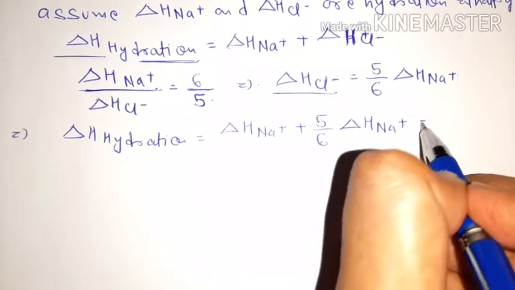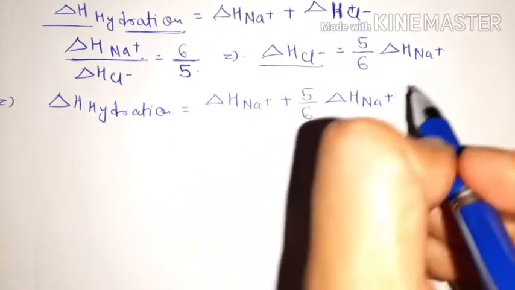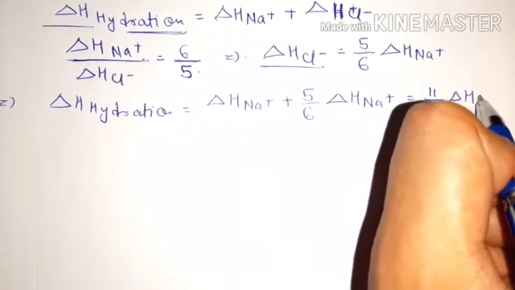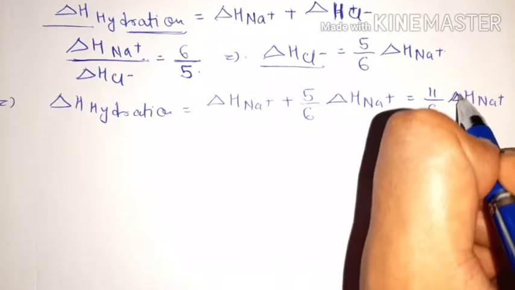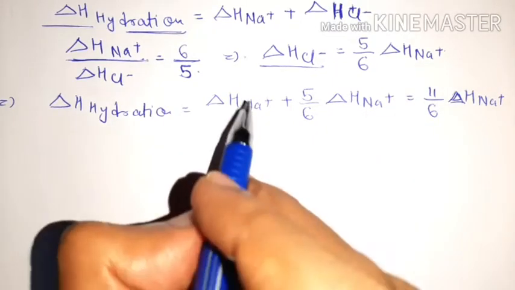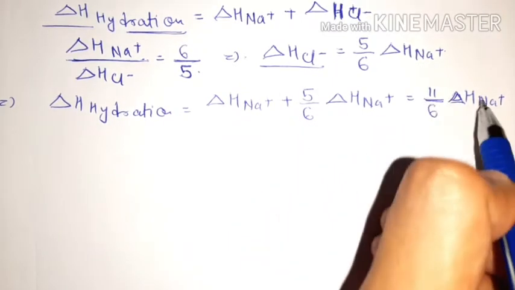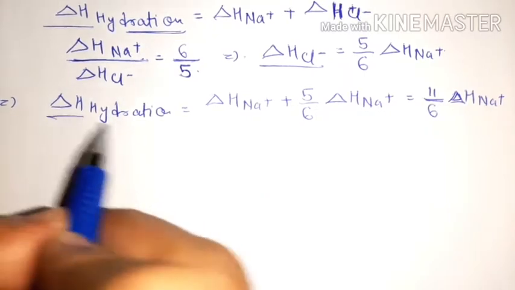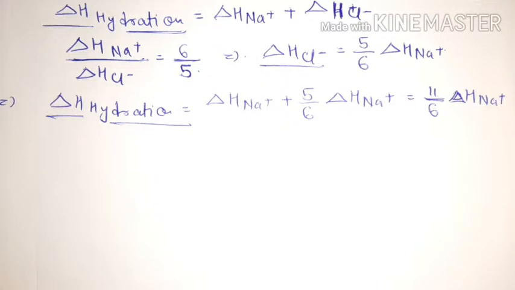So this will be equal to 11/6 delta H Na plus. Understand friends? When you solve this equation you get 11/6 delta H Na plus. So this is the value of enthalpy of hydration.